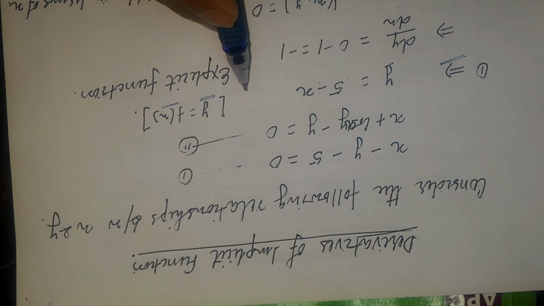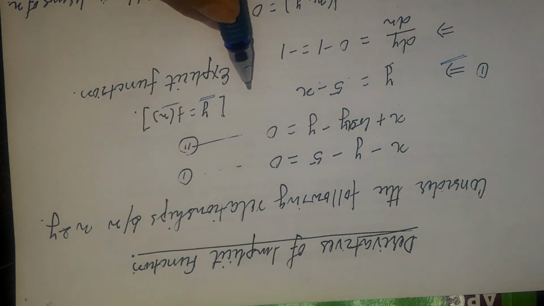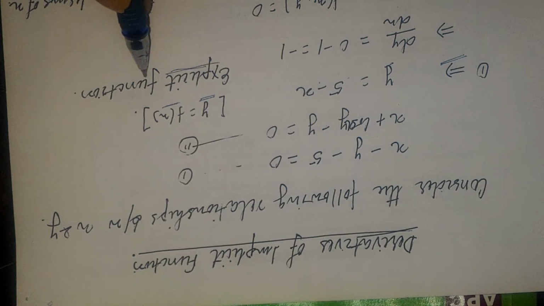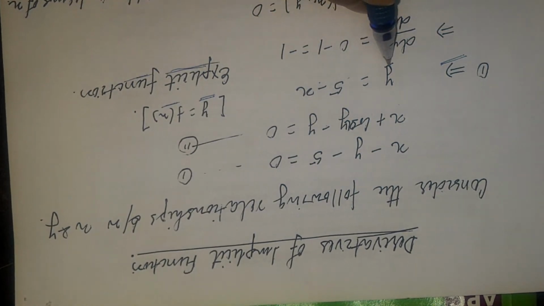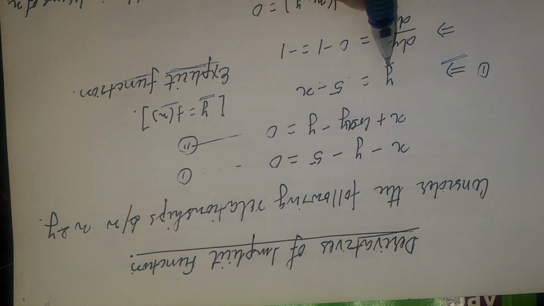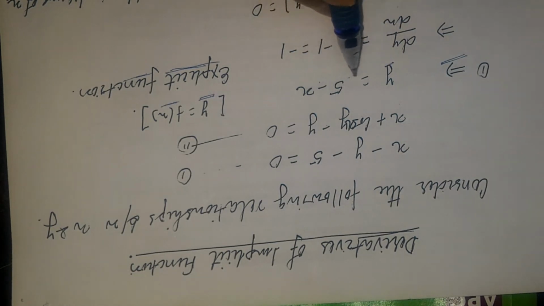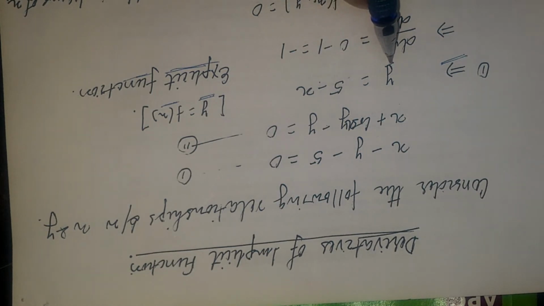This type of function, where y can be explicitly expressed in terms of x, we say to be an explicit function. y is the dependent variable, x is the independent variable, y is a function of x, so it is known as an explicit function.